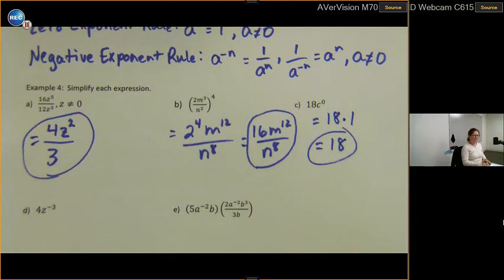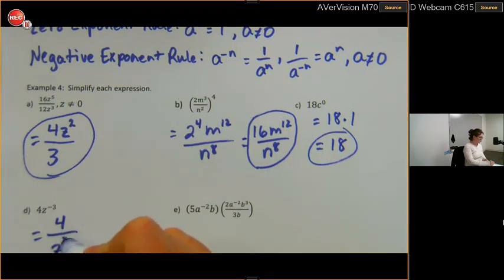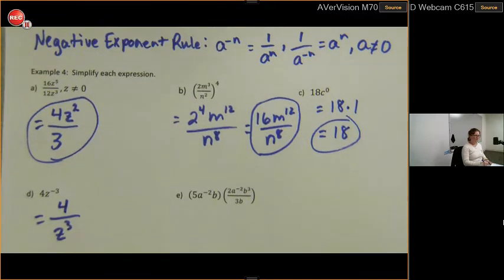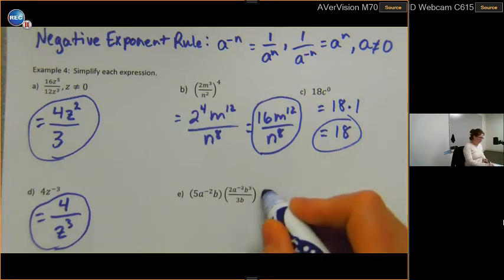Part D, 4z to the negative 3rd. The negative 3 is only on the z, so the 4 stays put, and z to the 3rd moves to the denominator. Letter E, I'm going to have to do some work here with the negative exponents.